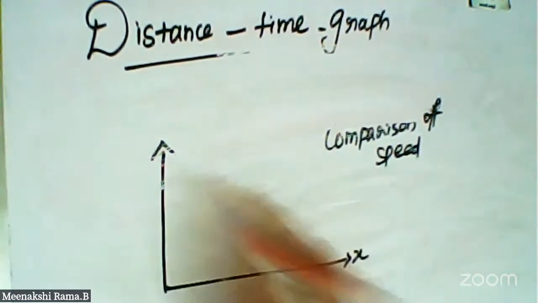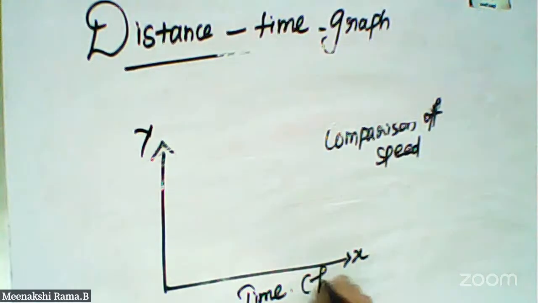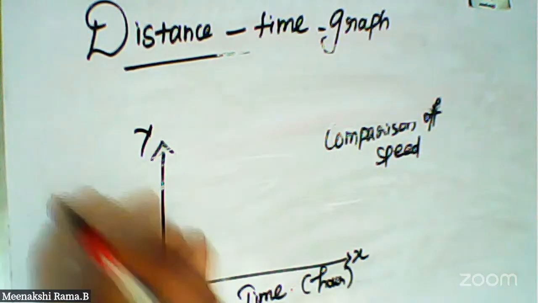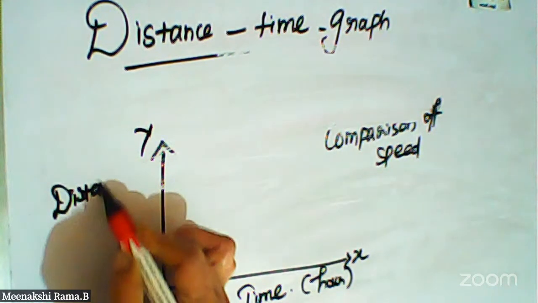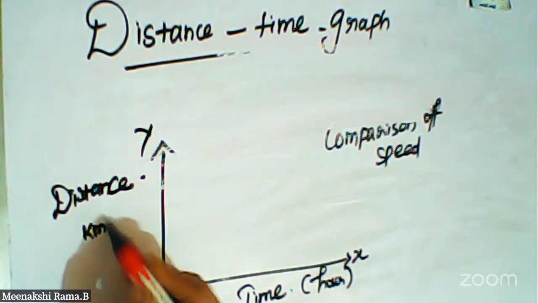Usually this is the x-axis, this is the y-axis. This is time, in hours. On the y-axis we want to maintain distance in kilometers.